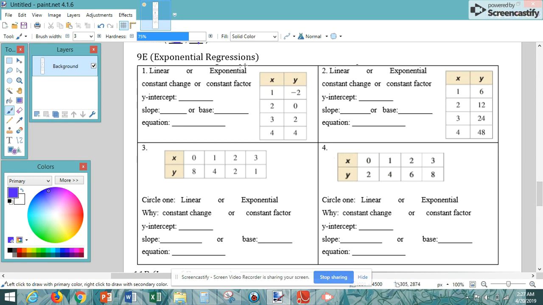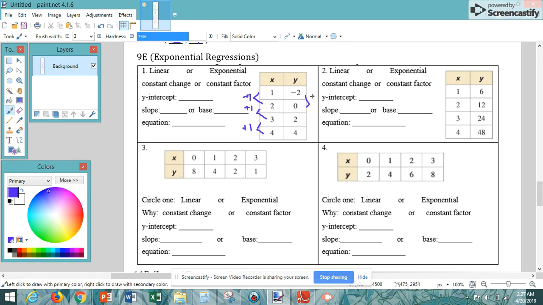9e, exponential regressions. On number 1, we're going to look at this. Is it linear or exponential? Well, let's figure if it has a constant change or a constant factor. So from 1 to 2, you add 1. From 2 to 3, you add 1. And 3 to 4, you add 1.